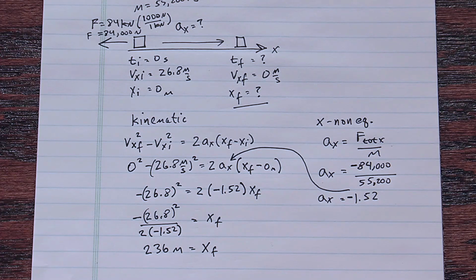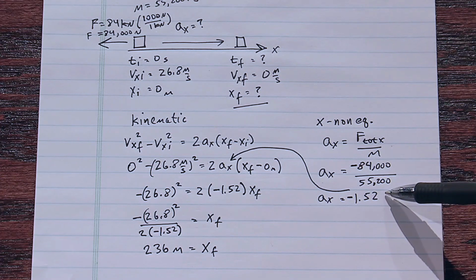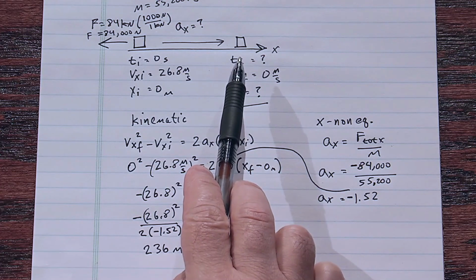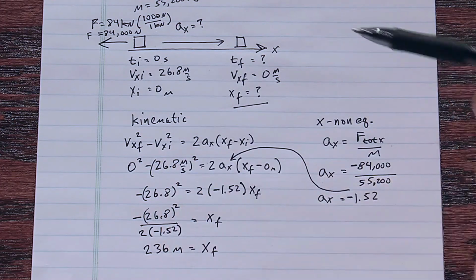There's a couple things here you can learn from my mistakes. Be careful about the negative signs. The force was in the negative x direction, so I had to put a negative sign there, which meant that our acceleration is negative. And that was important because as the train moved from here to here, it was slowing down, or it was accelerating in the negative x direction.